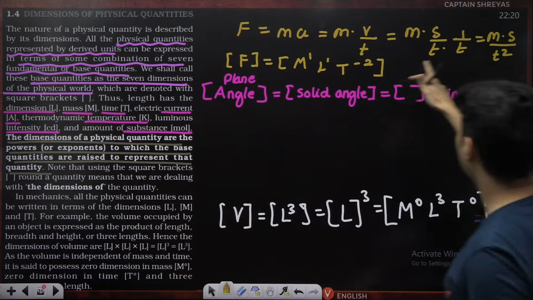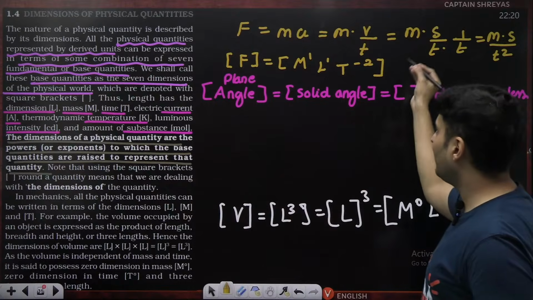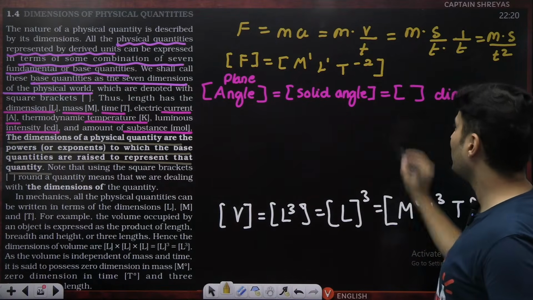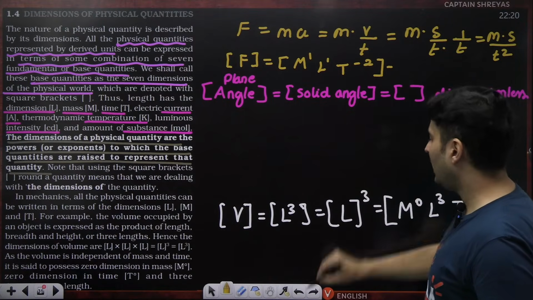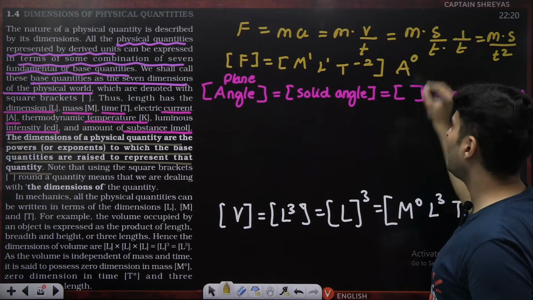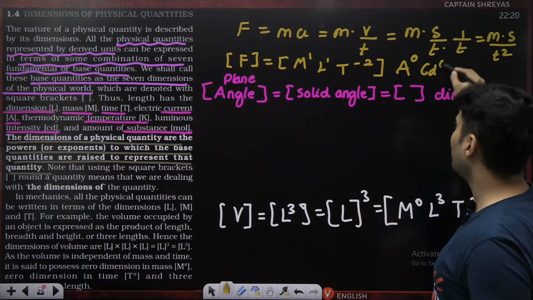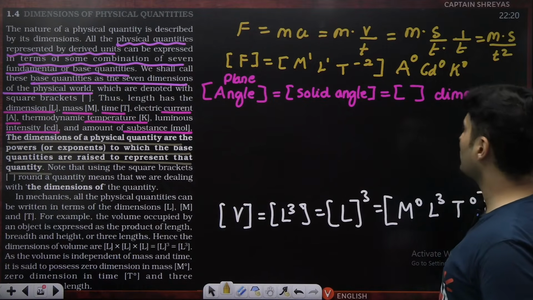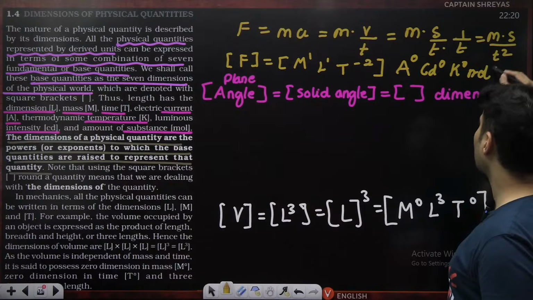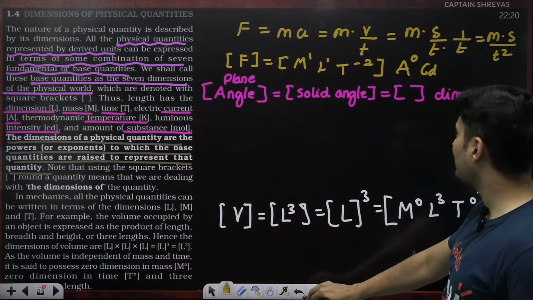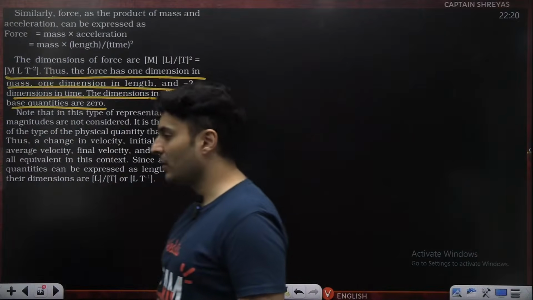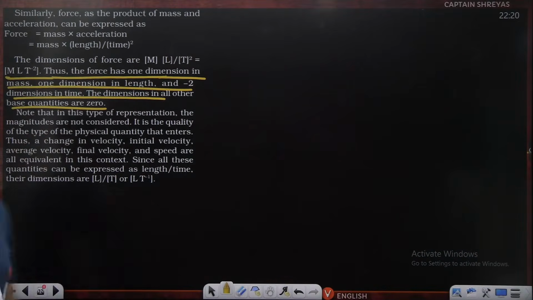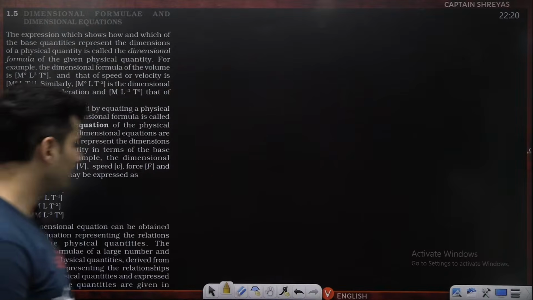So those dimensions did not come. If you are wondering, sir, where did those go? Even if you put A in this particular formula, it will be A raised to 0. Luminous intensity will be raised to 0. Temperature will be raised to 0. Mole will be raised to 0. Those quantities are not coming because force is not even dependent on them. Is that absolutely clear, my dear warriors?